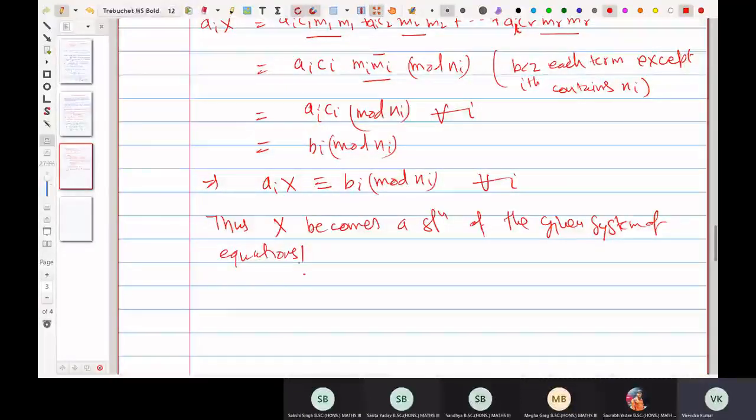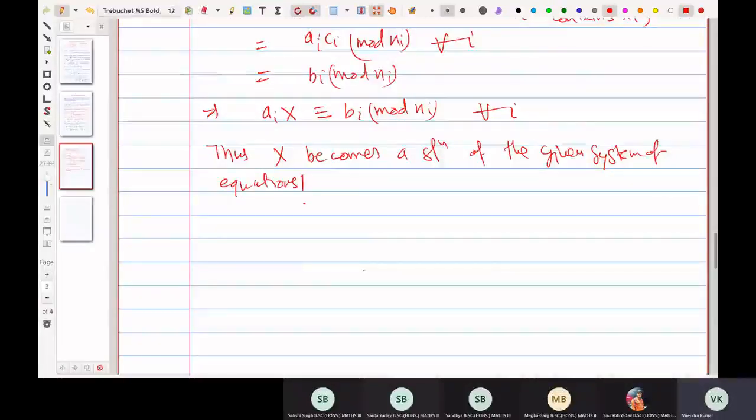Okay. Now the thing is, what is left there, this is the unique solution. That is what we need to prove. Okay. So X is a common solution. X becomes a solution of the given system of equations. It means that X is a common solution of the given equations. Okay.